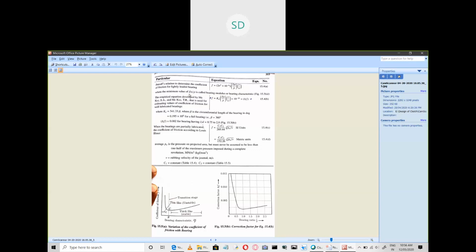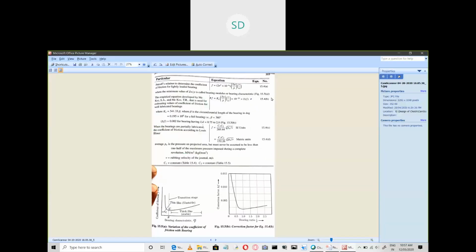I have two equations here. One is Petrov's relation, which determines the coefficient of friction for lightly loaded bearings, but we have gone for medium loaded here. So we calculate the coefficient of friction referring to equation number 15.4b.